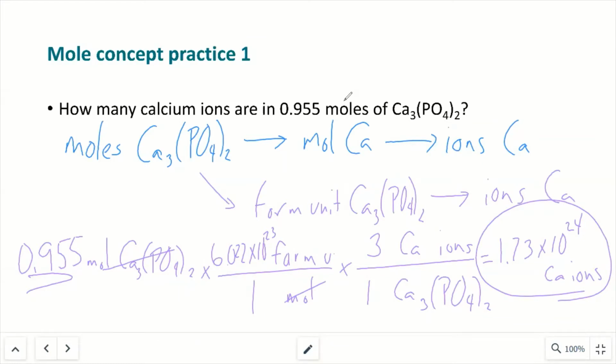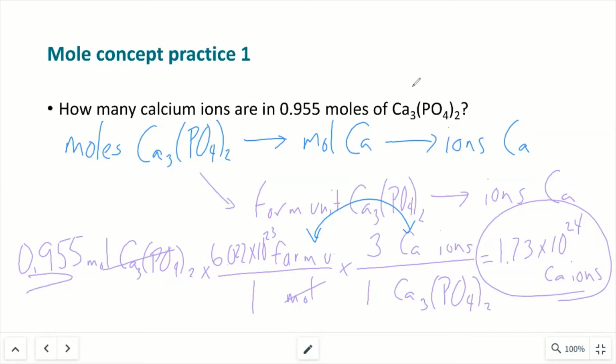Now, if you had done the blue path, it would have been identical. The only difference would be that those 2 conversions would have been flip-flopped. You would have gone, there are 3 moles of calcium in every 1 mole of calcium phosphate, again, going by the formula.